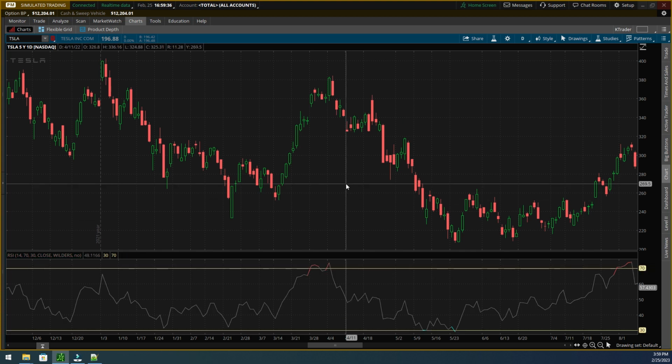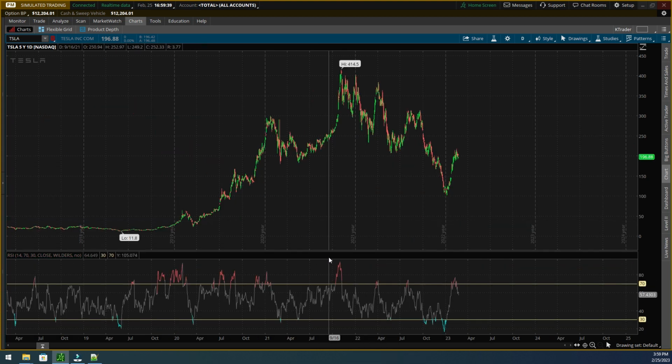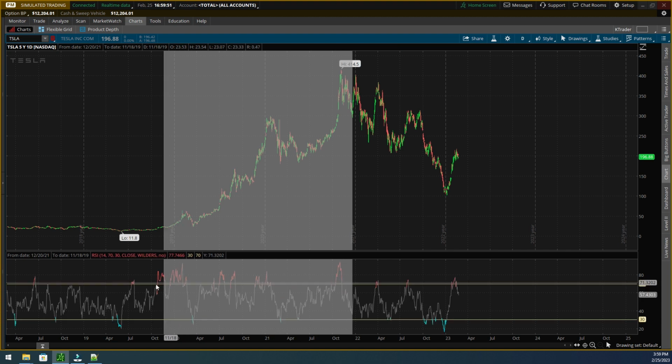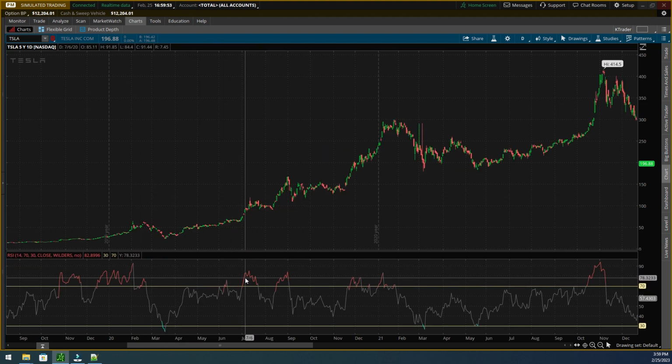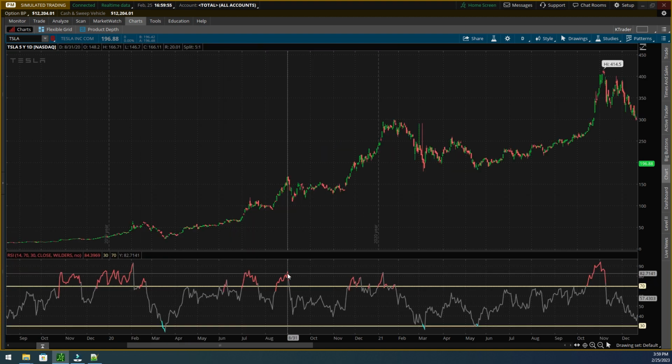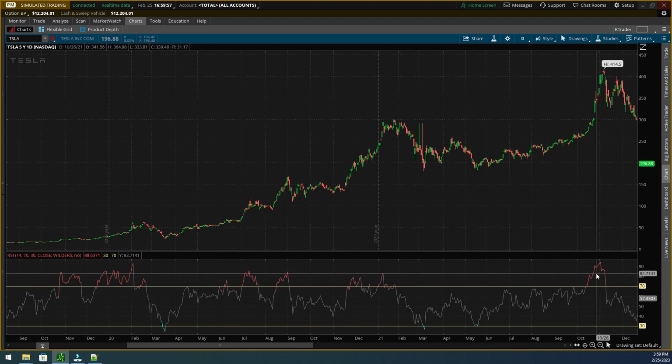What this says is there's a probability that this indicator will guide your decisions, but you need to use it in combination with other indicators to determine when the actual trend change is going to happen, because the market can be in an oversold or overbought condition for a long duration of time.